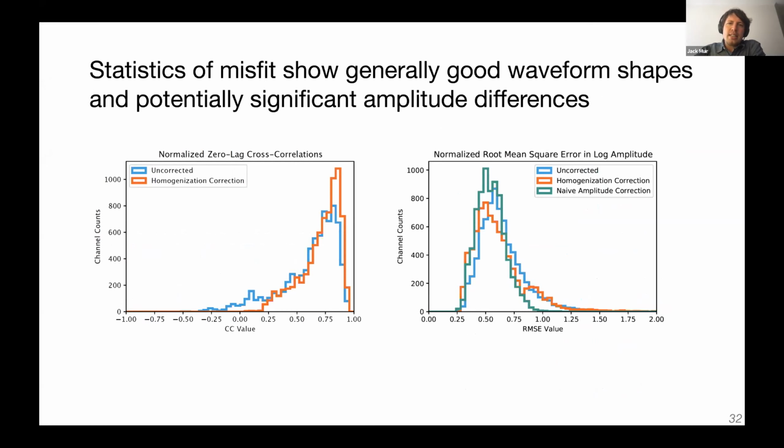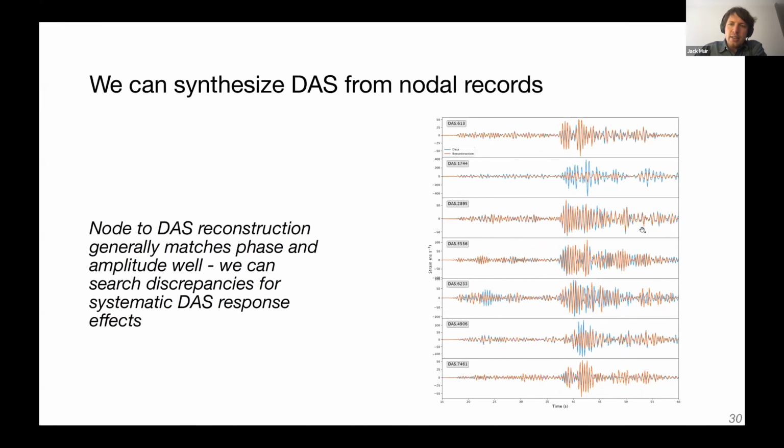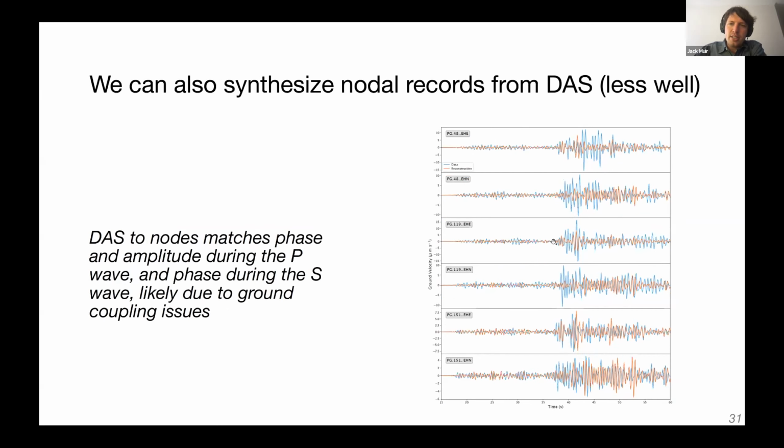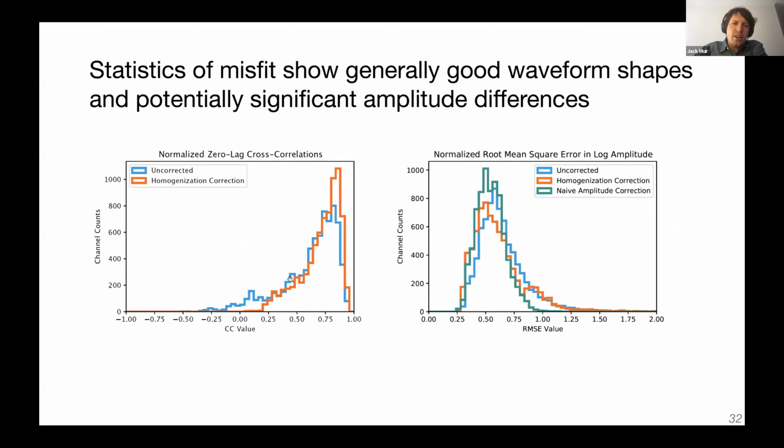If we look at the statistics of the misfit of this particular plot, averaged over all of the different DAS stations, that's about 7,000 stations, we get some interesting effects. So just looking at the blue curves for now, we can see that we have typically well-matching cross-correlation values of what the synthesized DAS records are compared to the true DAS records.